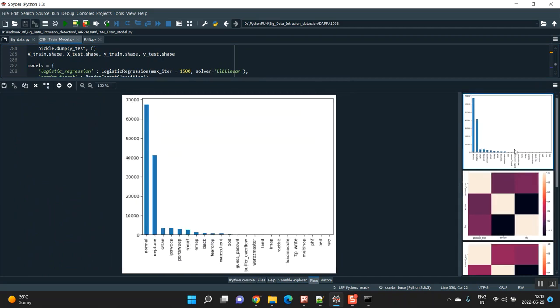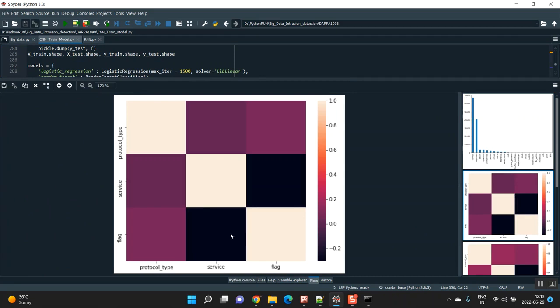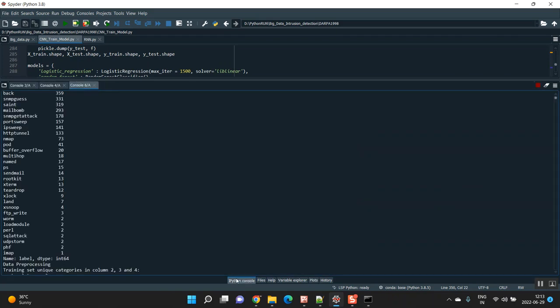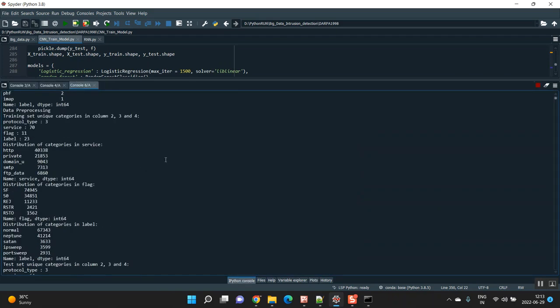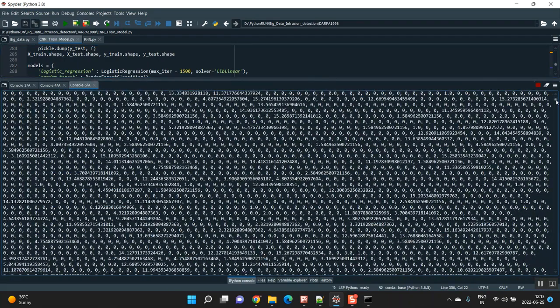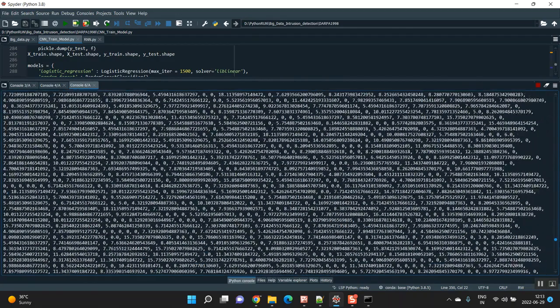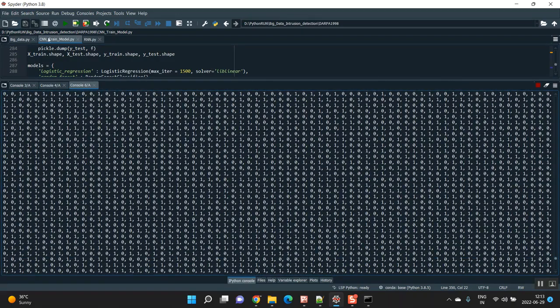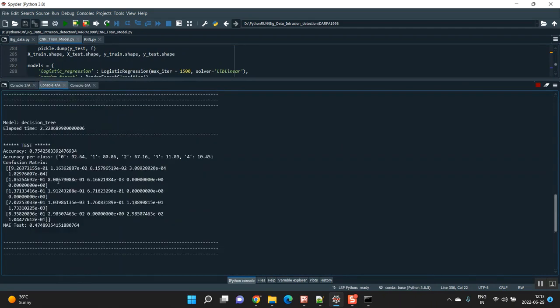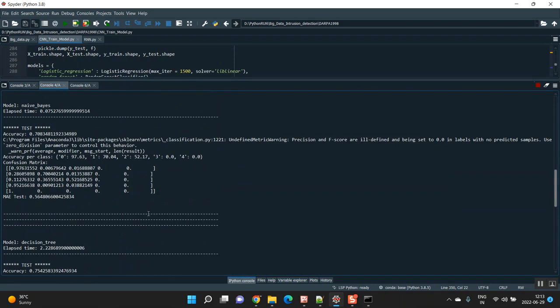I'm segregating here based on flag, protocols and services, and calculating how much of the overall data set has been trained and tested. Then finally it will calculate with RNN and provide you the result. Loading time will be high.